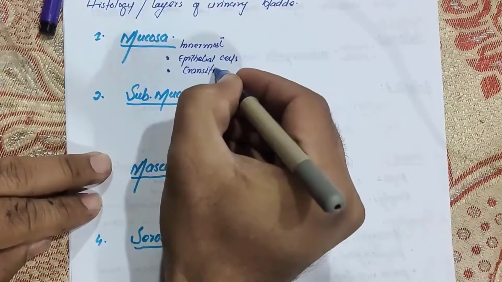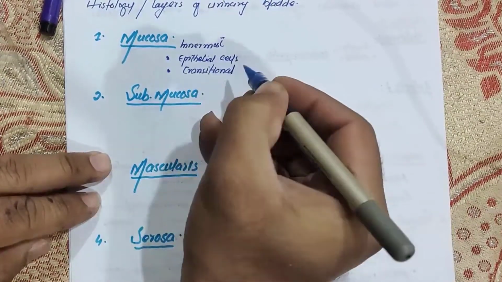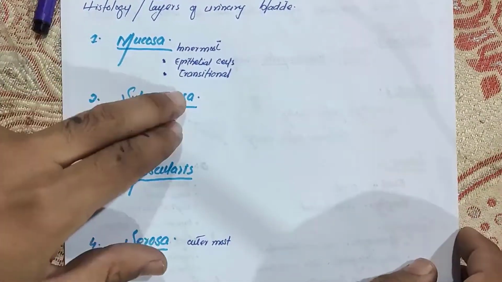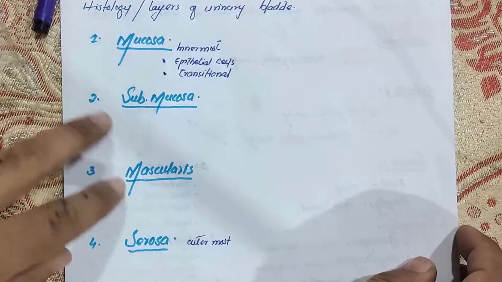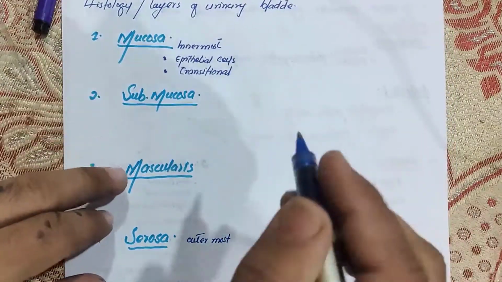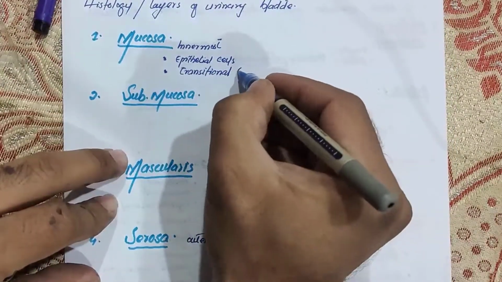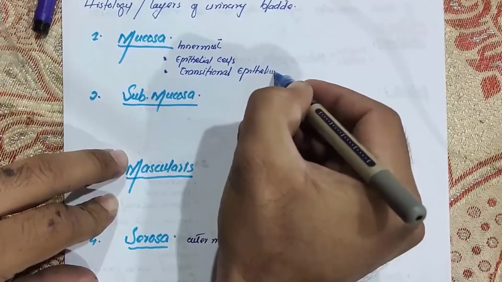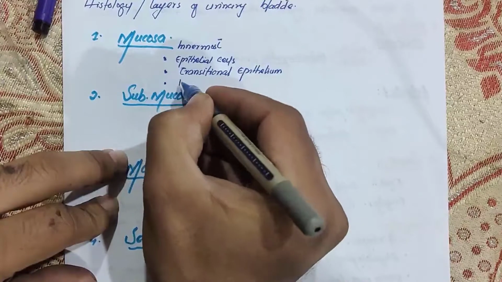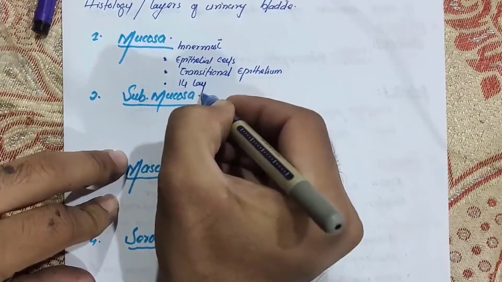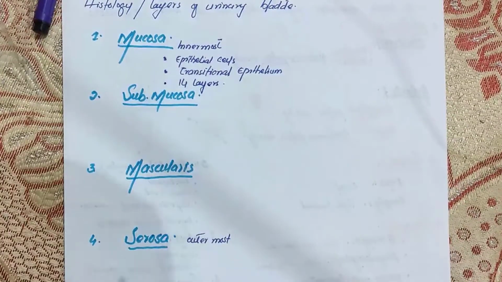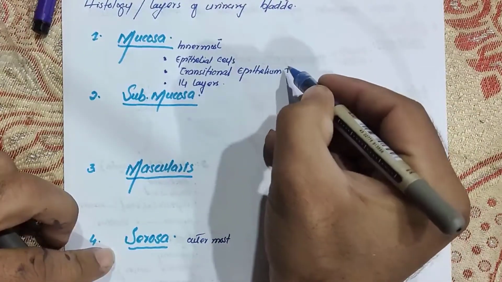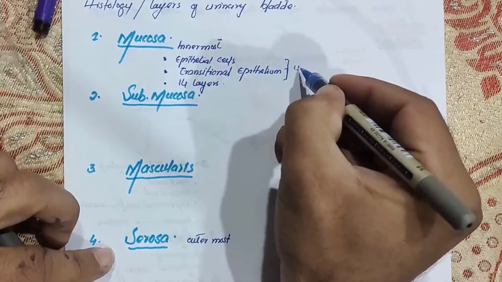If you want to know more about transitional epithelium, I have discussed it in the epithelial tissue section; there is a playlist of epithelial tissue, you can watch there. About 14 layers of transitional epithelium are there, and this epithelium is also known as the urothelium.